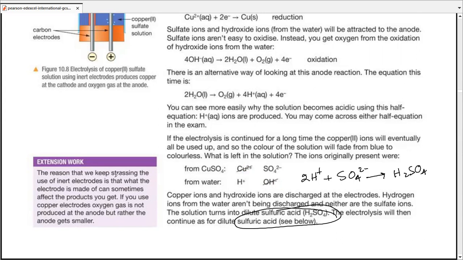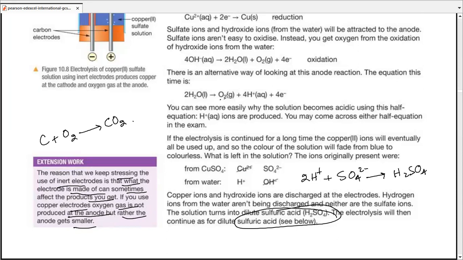The reason that we keep stressing the use of inert electrodes is that what the electrodes are made of can sometimes affect the products you get. If you use copper electrodes, oxygen gas is not produced at the anode, but rather the anode gets smaller.